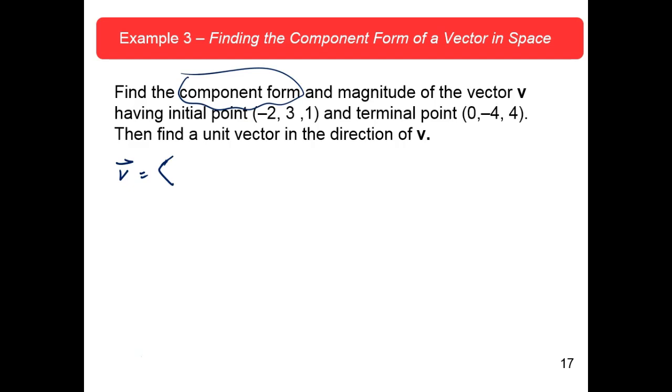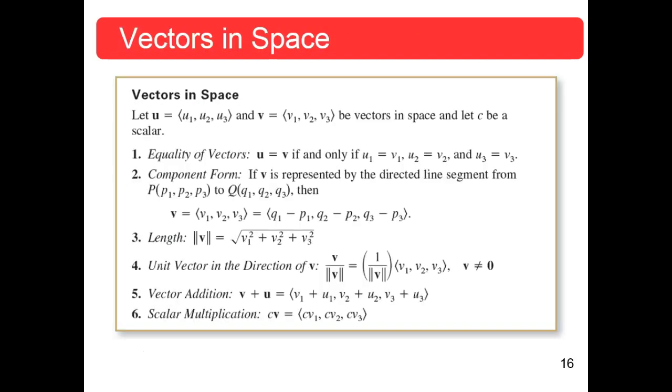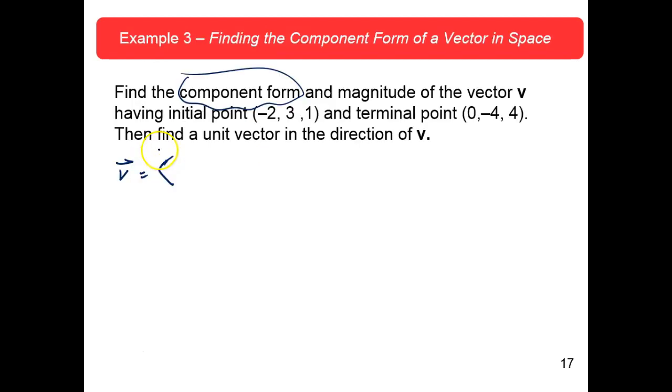I want to go back a slide or two. Component form is Q1 minus P1, comma, Q2 minus P2. You see it? So what would this be? Anybody? Please?